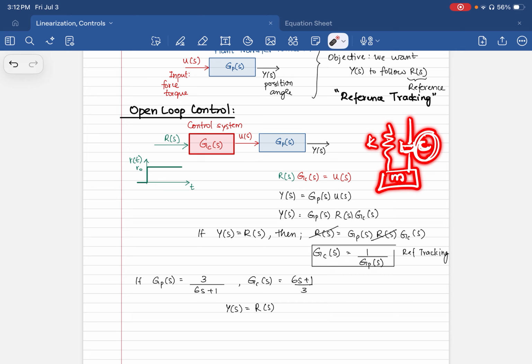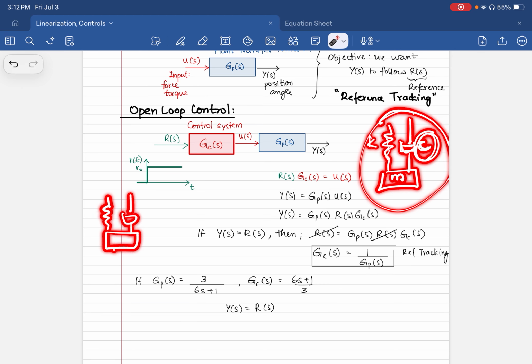Or maybe the spring has rusted and is starting to creak and that changes the spring constant. Or maybe this in itself was not an accurate representation of the system and instead you needed to have had something that was more complicated, perhaps like this. But we instead defined it in this way to make life easy. And because of that, your plant transfer function is not really true.